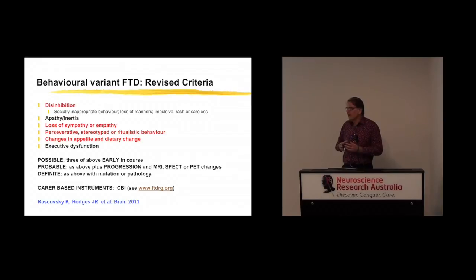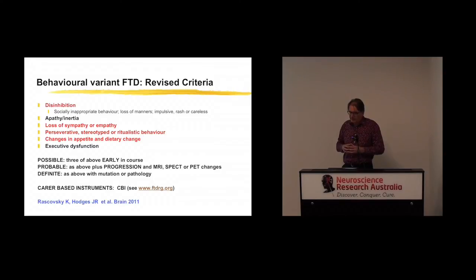And we've been looking at the areas of the brain that are responsible for the genesis of these symptoms. And when we see patients, we diagnose someone as having possible FTD if they have 3 of these, but there's no abnormalities that we can see in the brain, there's no shrinkage of the brain.